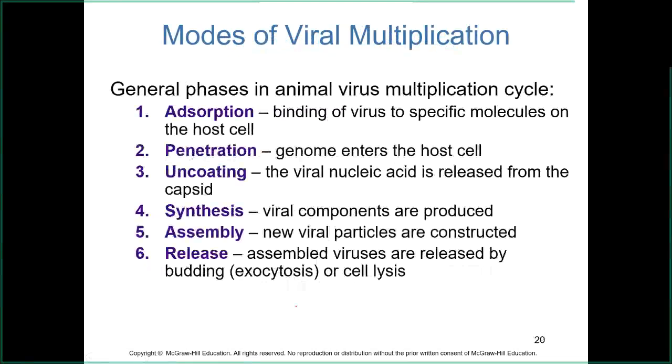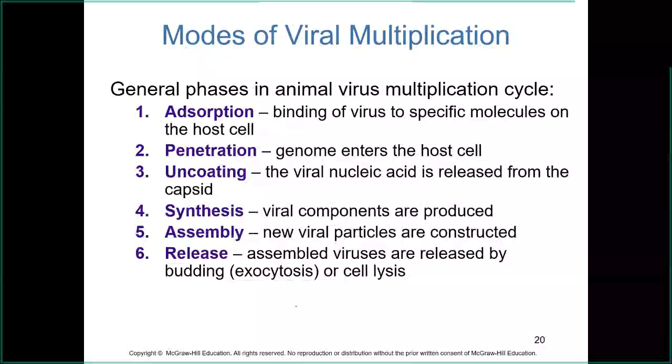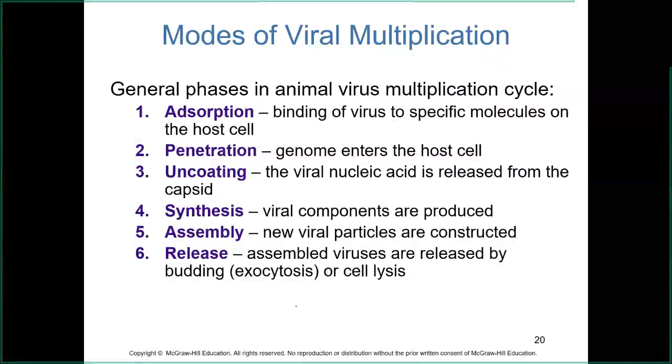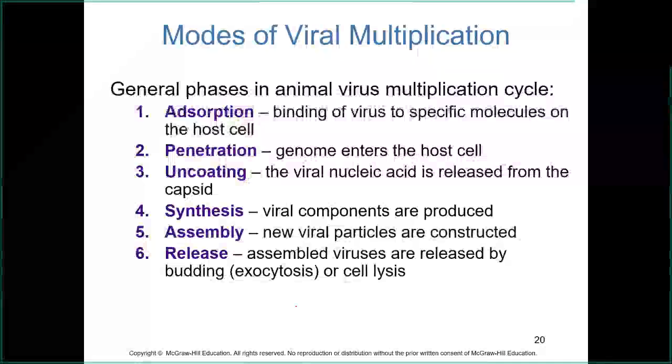So now in any viral multiplication, it's like a cycle that has multiple steps. And for the virus to be successful, so that it can spread to new hosts, which is kind of the name of the game, it's got to spread to new hosts and keep doing that, otherwise the virus would go extinct. All of these steps would have to be accomplished successfully in order for that to happen.